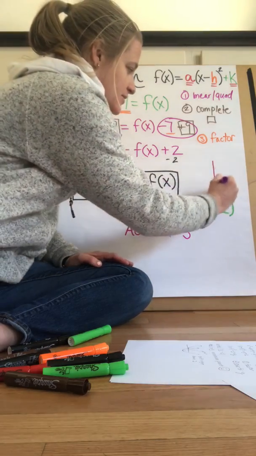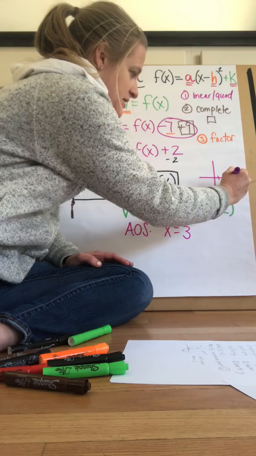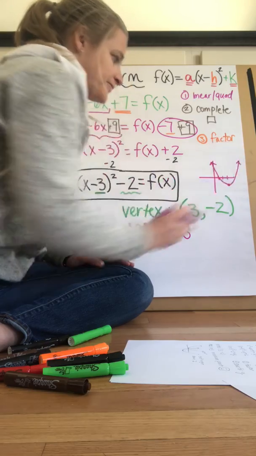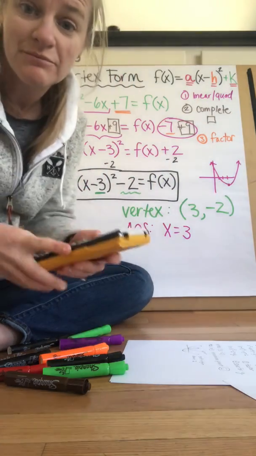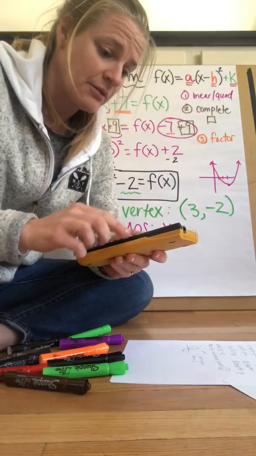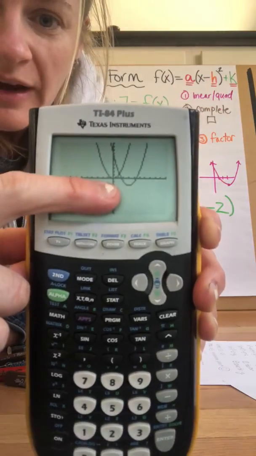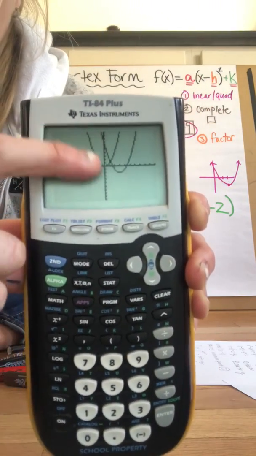So that means that this graph is over here at 1, 2, positive 3, down 2. It's a U-shaped graph over there. And I graphed it on my calculator to show you. Can you see that? The original graph, the parent graph, is y equals x squared.